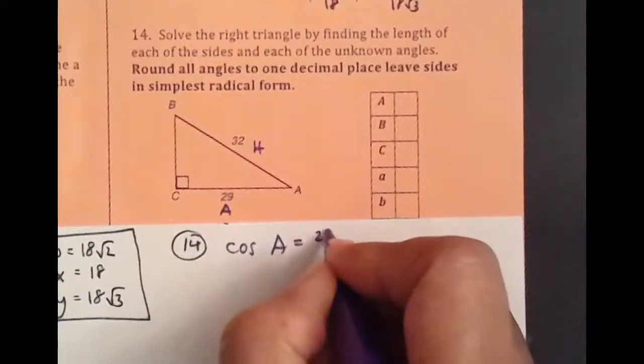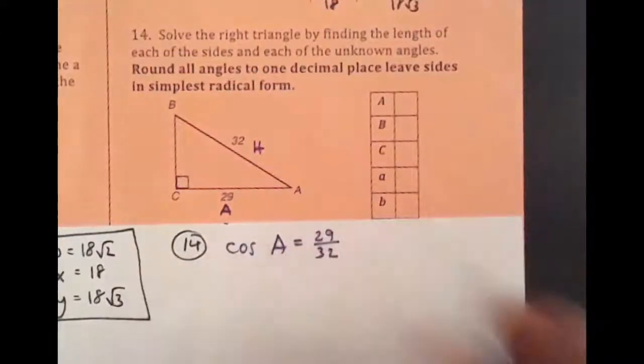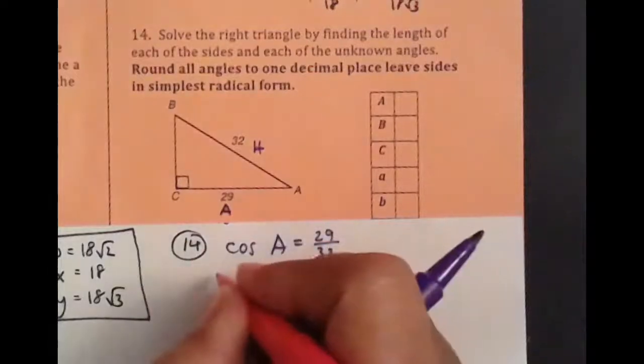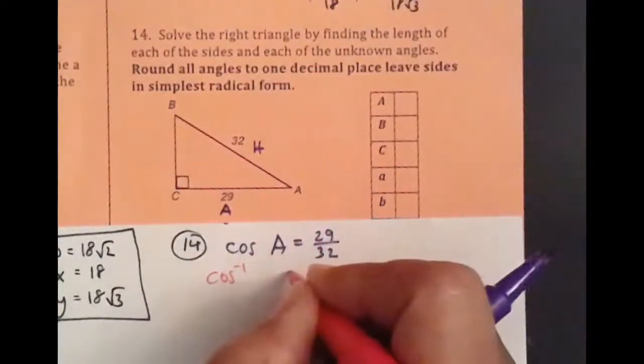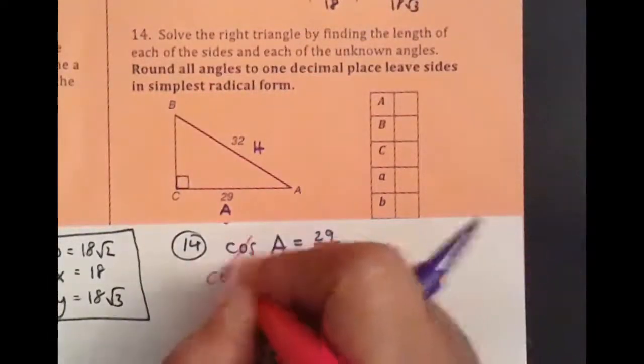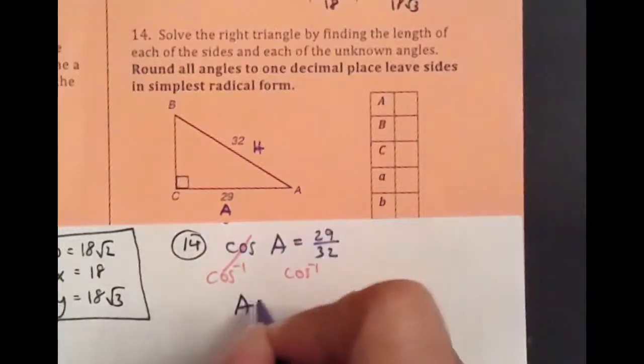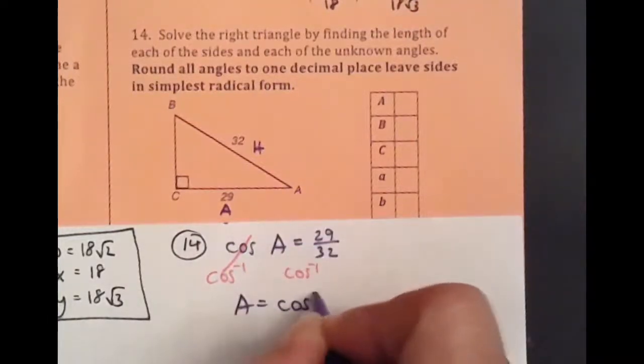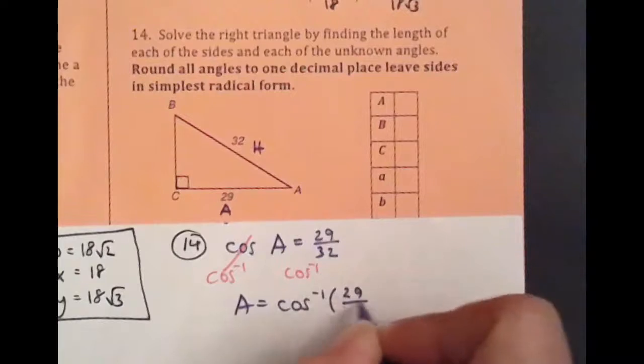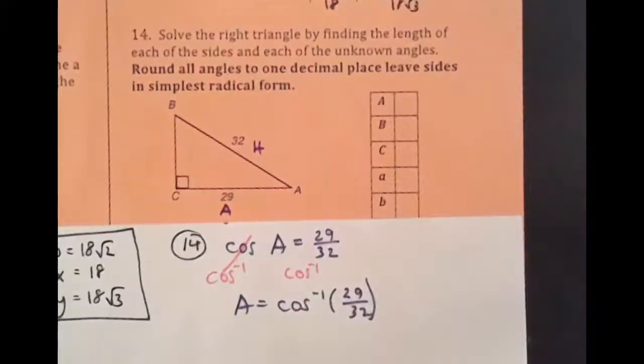So that's going to be 29 over 32. To get rid of cosine, you have to do the cosine inverse. Remember, we do the inverse to solve for angle measures. So angle A is going to be the inverse cosine of 29 over 32. We're going to have to plug that into our calculator. Don't forget to hit the second button before you put in the cosine so you can get that little -1 to show up.